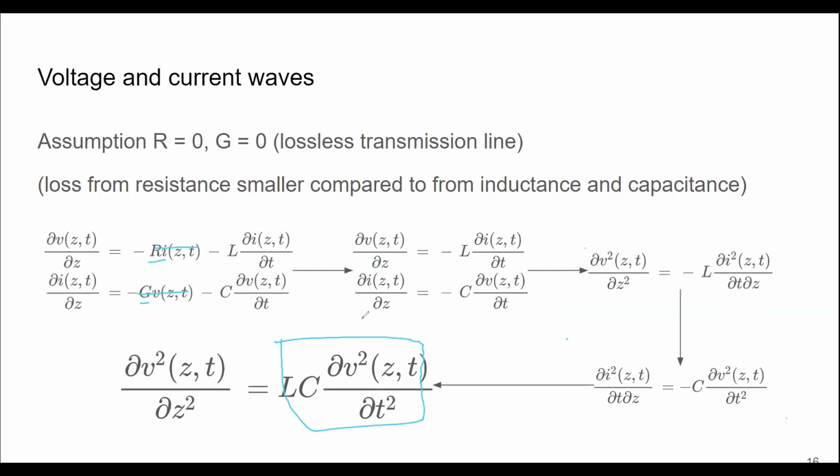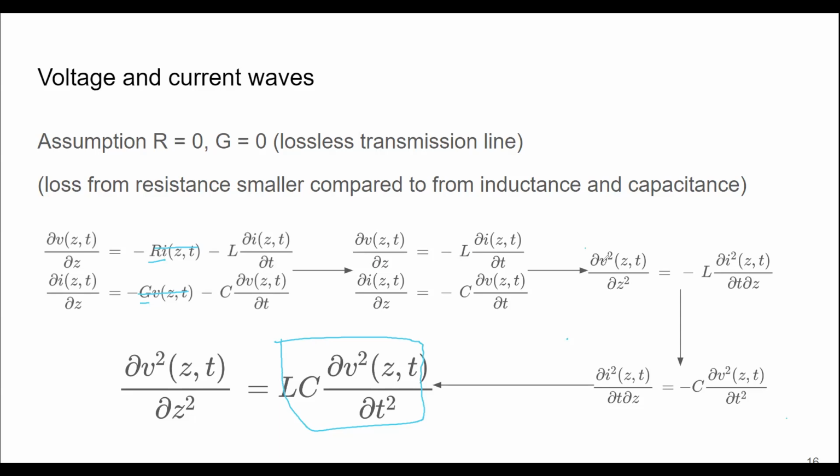So the ultimate goal is to find the relationship between the second order voltage value and the voltage in the transmission line, and we want to show that voltage is behaving as a certain wave.